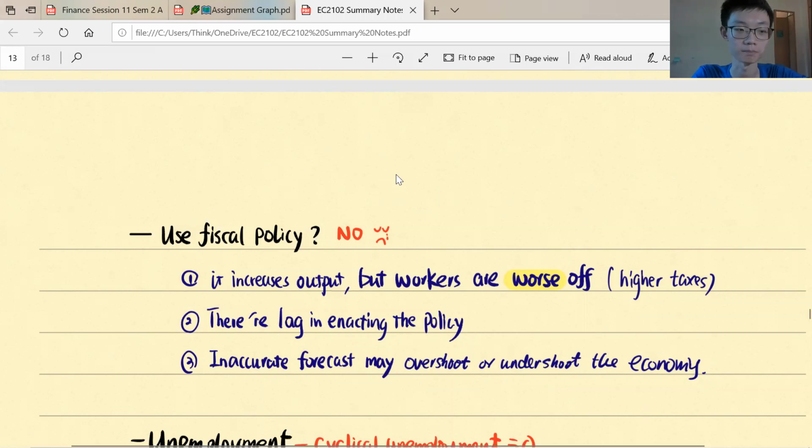If someone suggests it, it will take a longer time to be approved by parliament in some countries. It takes a long time. And also the third problem is usually the forecast may not be accurate. So this kind of inaccurate forecast may overshoot or undershoot the economy.